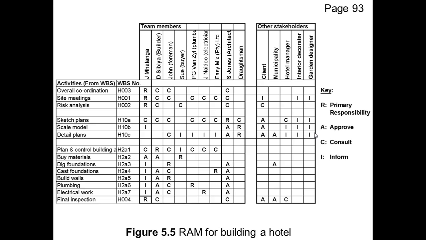Secondly, they don't think about approval, consulting and informing, and so you will get a higgledy-piggledy responsibility allocation matrix, and every row will have C, A, C, C, A, I, I, I in it.